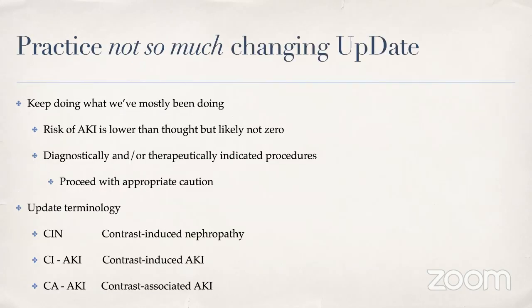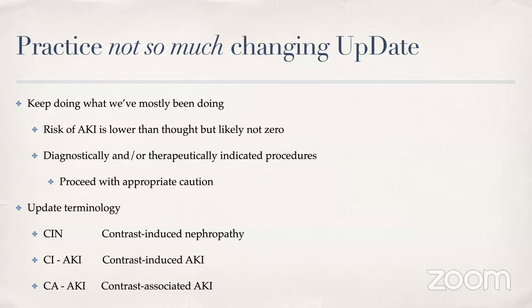UpToDate has this nice section called the practice changing update. I think I can call this presentation a practice-not-so-much-changing update. Because what I'm encouraging is, I think the data tells us that we should keep doing mostly what we've been doing.